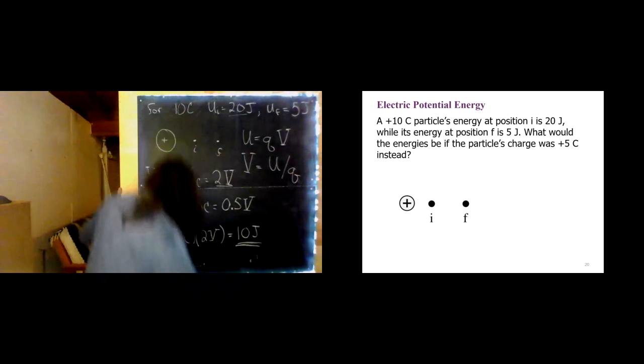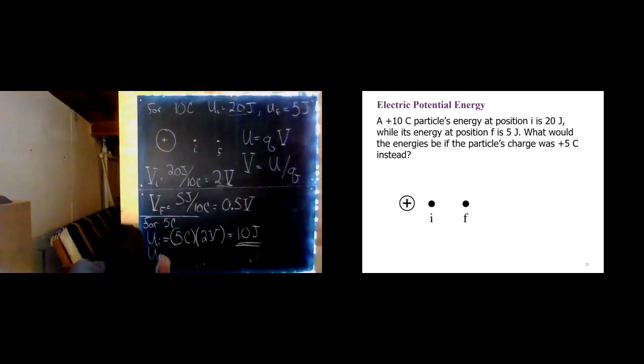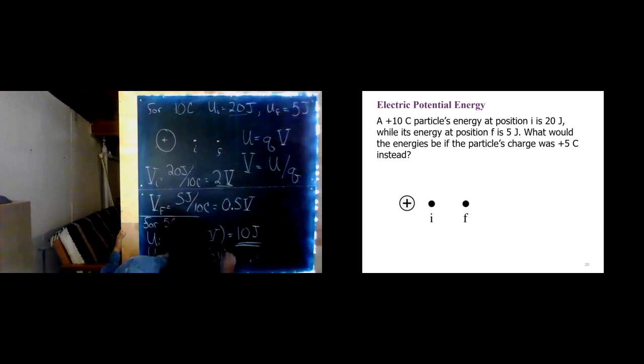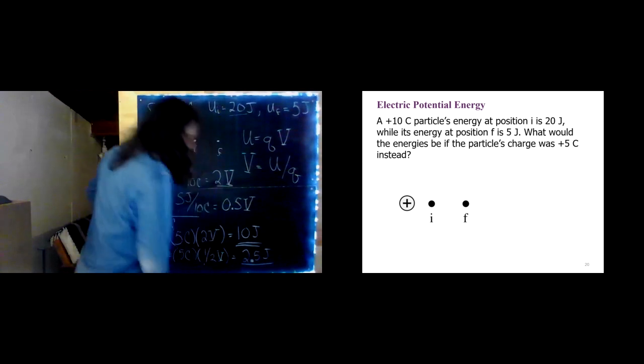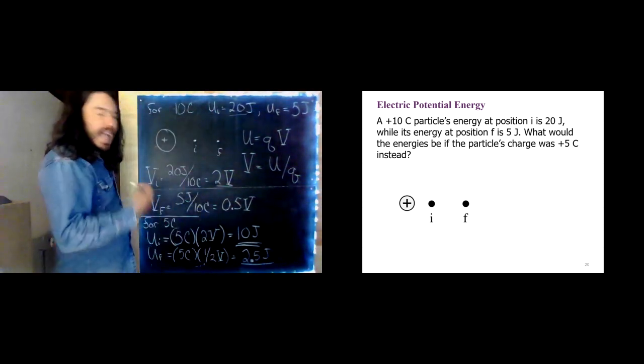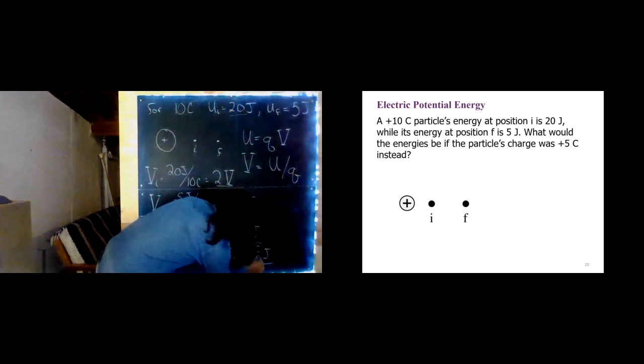How about at the final point? At the final point, that's going to be 5 coulombs times 1/2 of a volt, which gives me 2.5 joules. Okay, so again, half the charge, half of the energy.